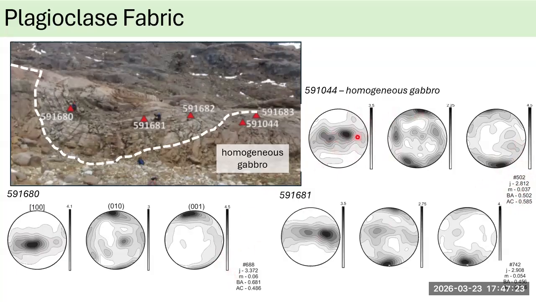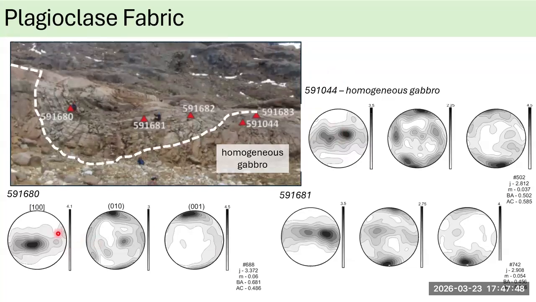Here we have a clear foliation. This girdle implies foliation, but these point maxima also say there is some lineation. Lineation means all your crystals are looking at you, they're all aligned in the same direction, whereas foliation is those forming a planar surface, or a plane.